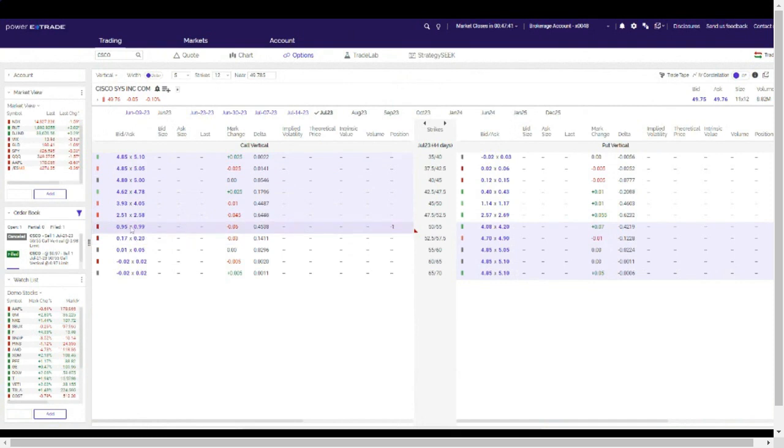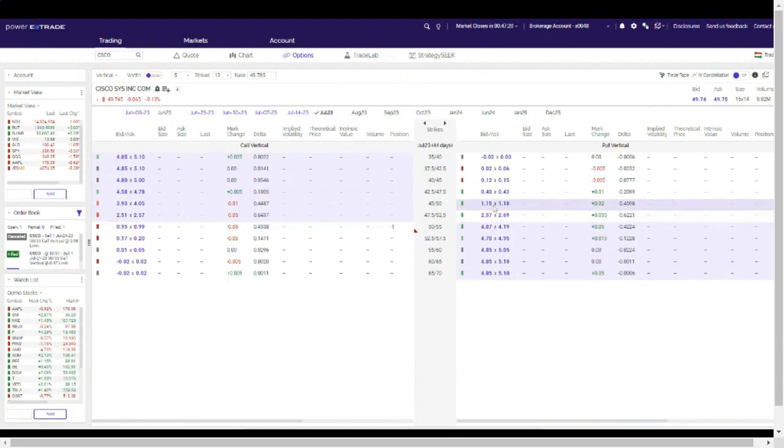But what it does do is show you the bid and ask price of that specific spread in the bid and ask column. It shows you how much that spread changed on the day. It shows you what your delta is. So still some very valuable information, but it's shown right on the chain itself.